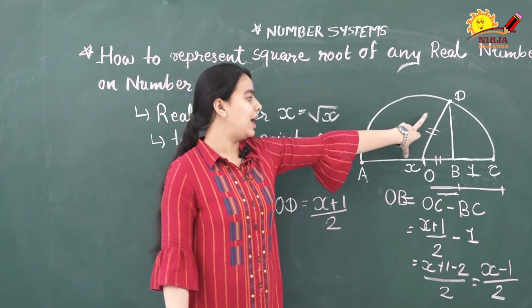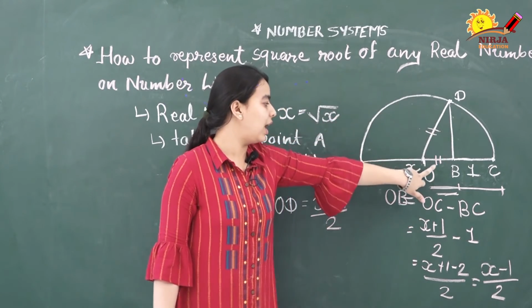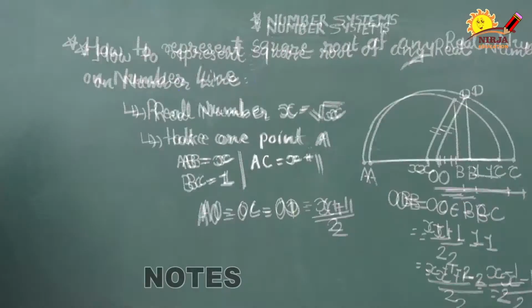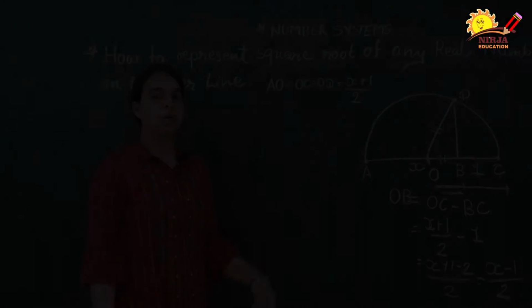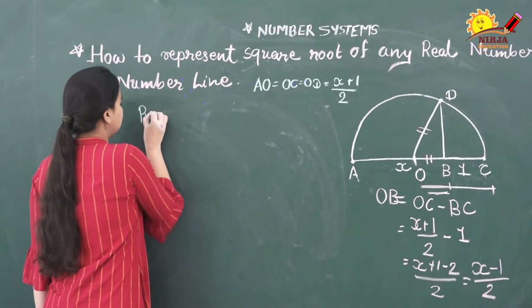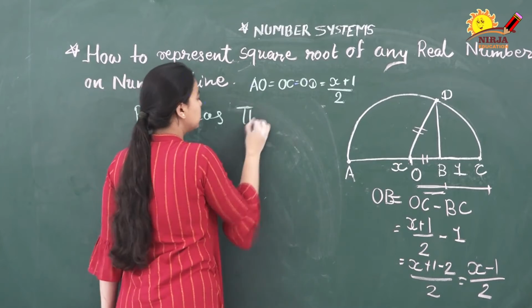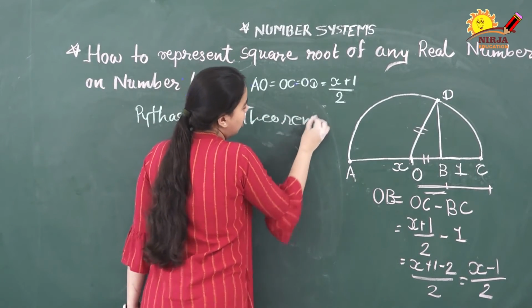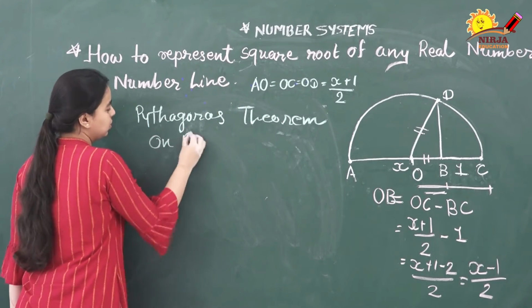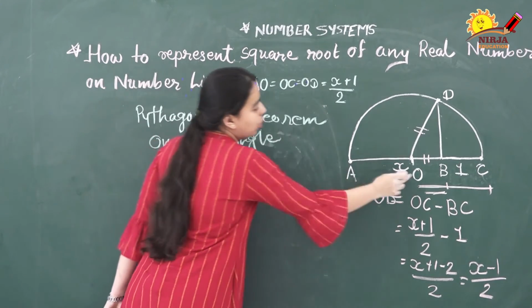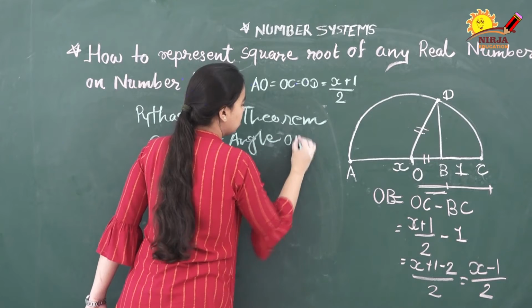Now we are going to apply the Pythagoras theorem on the right angle OBD.